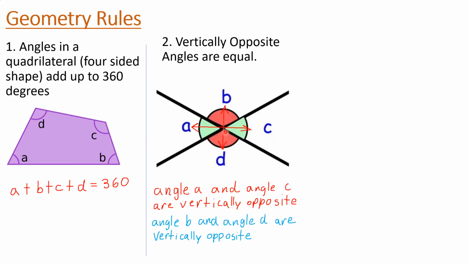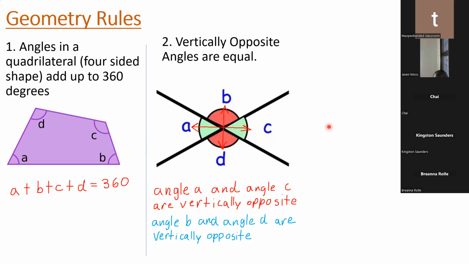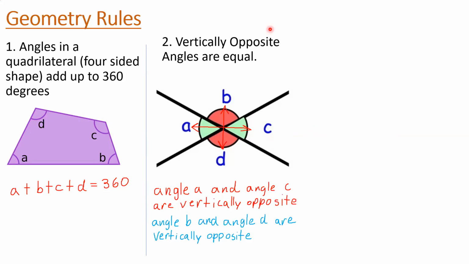B and D. Very good. What do we know about vertically opposite angles? They're the opposite of horizontal angles. No. What do we know about vertically opposite angles, based on the rule? Vertically opposite angles are equal.